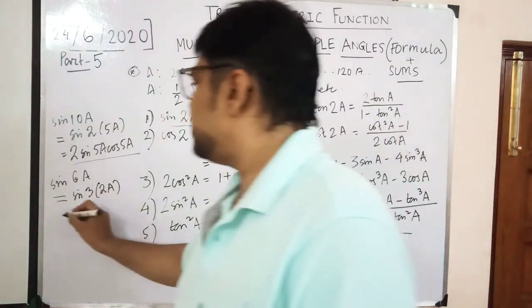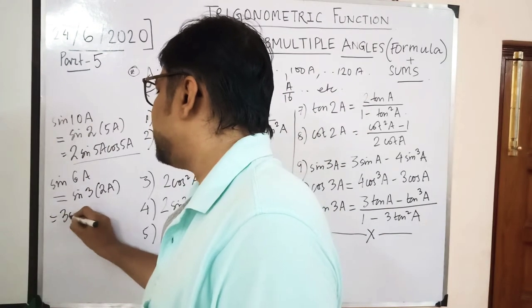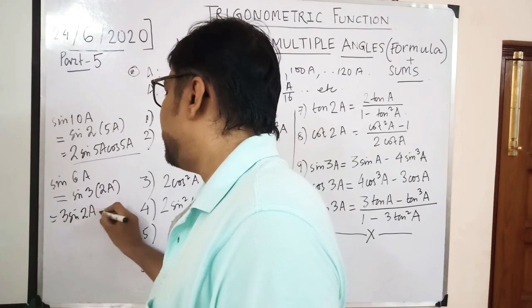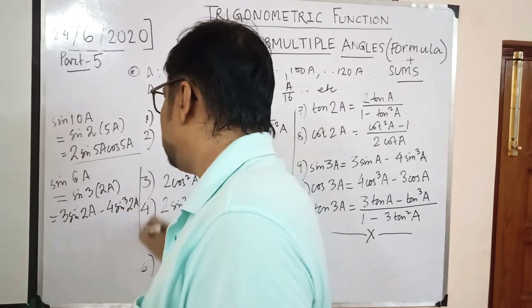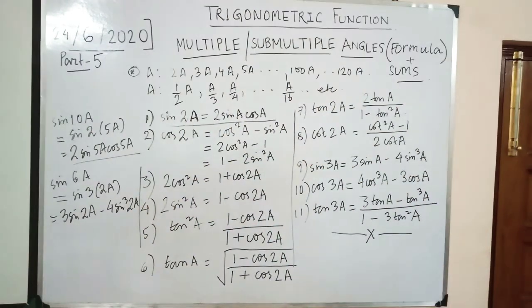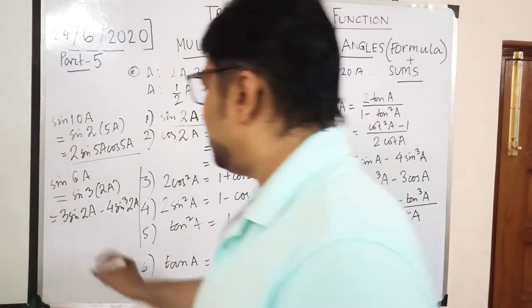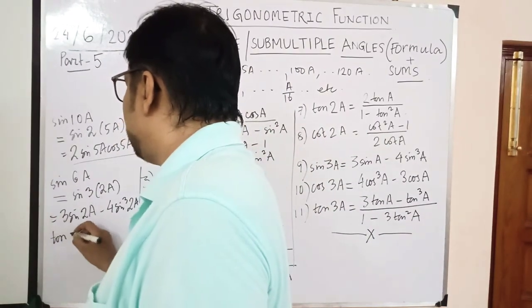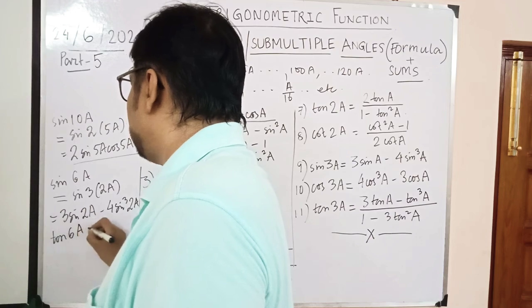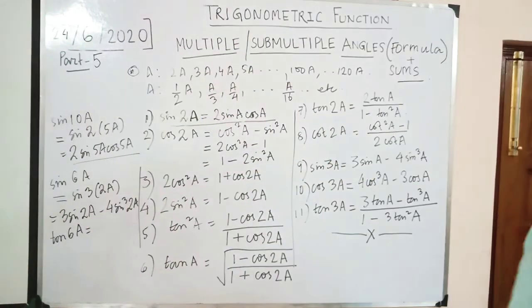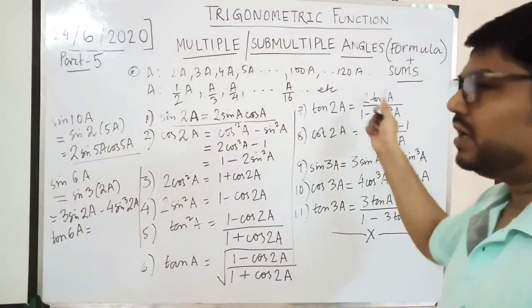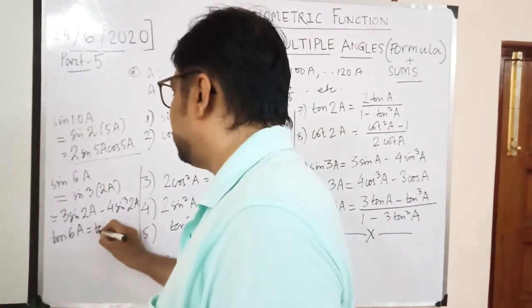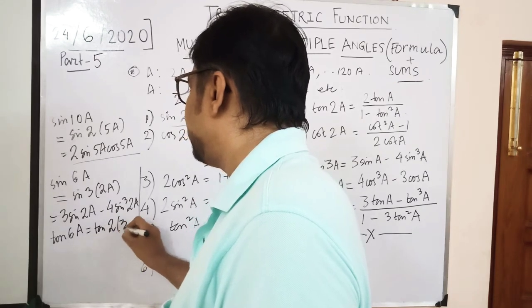So 3 into 2A means it will be 3 sine 2A minus 4 sine cube 2A. Like that the formulas are written. Now let us do one tan example, something like tan of 6A. If you use this tan 2A structure, it will be tan 2 into 3A.